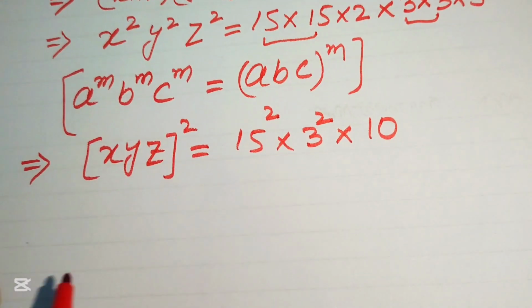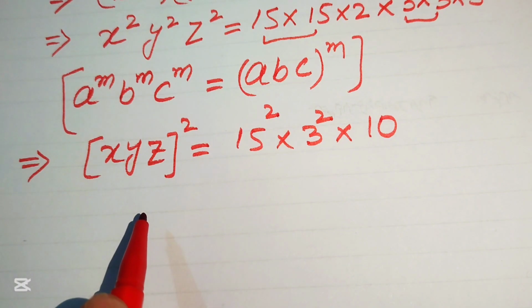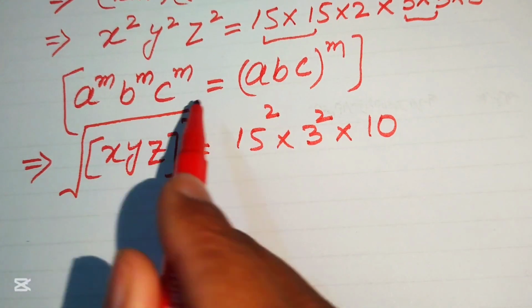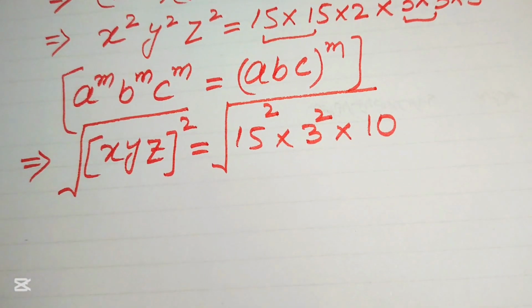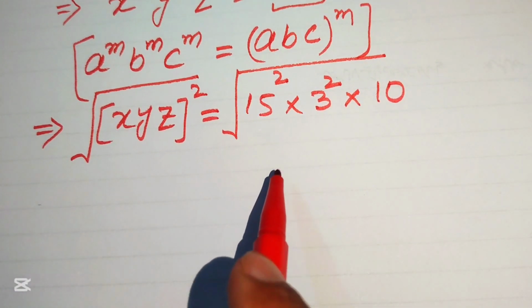Okay, so in order to remove this square sign, we need to take the square root on both sides of this equation. And now here we can apply the square root identity.